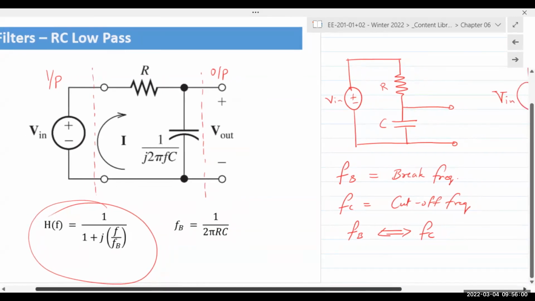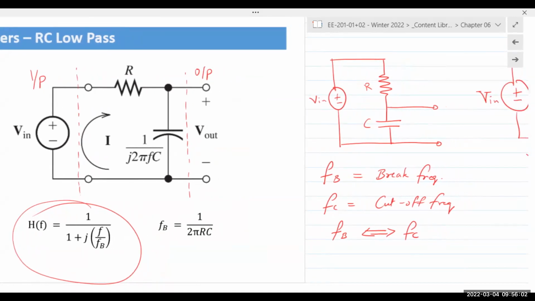So then let's talk about what it actually means. This is just quantitative. Let's have a qualitative discussion, right? So again, as I said, determining V out is rather straightforward. You have a series connection of two components. You apply voltage division. You find the voltage across that capacitor, and you get V out. V out over V in gives you H of f for a low pass filter.